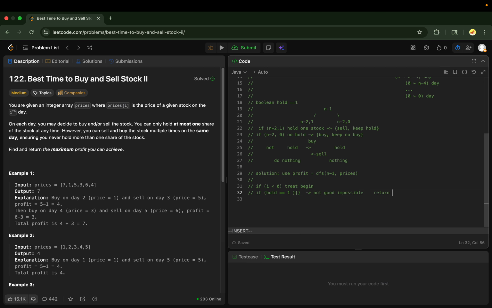So it returns the integer minimum value to treat it as not good. And if hold is equal to 0, then we return 0, because the first day is 0 profit.